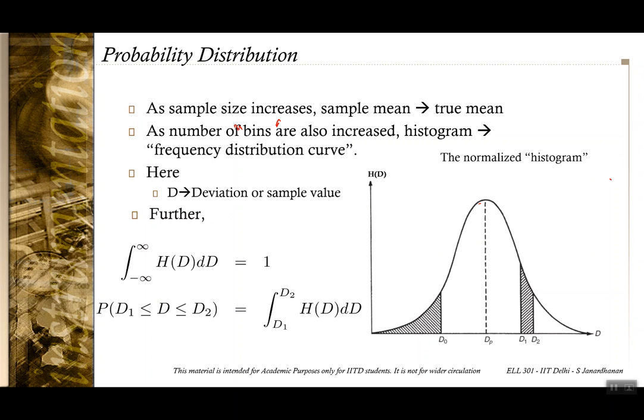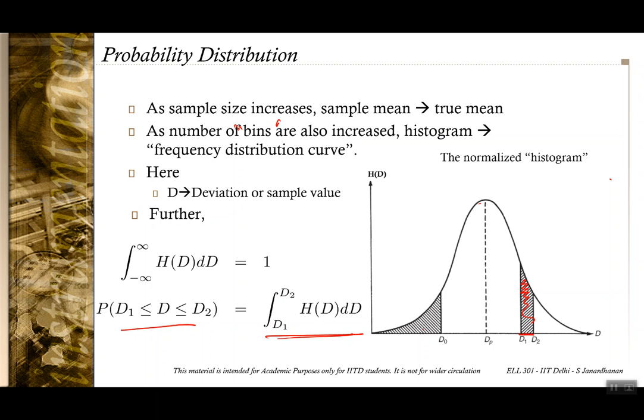Okay, now from the probability distribution curve you can say that the probability that the measured value is between d1 and d2, and if you say this is h of d, that would be given as the integral from d1 to d2 of h of d.